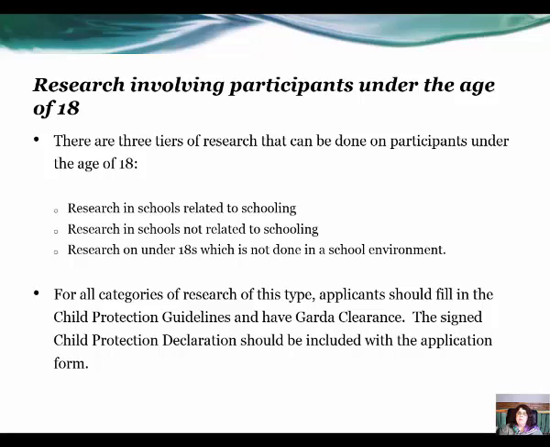Where research is being conducted with participants under the age of 18, an opt-in consent form is vital. It may also be necessary to have an independent observer present at the time the research is being carried out to safeguard the welfare of the participants.